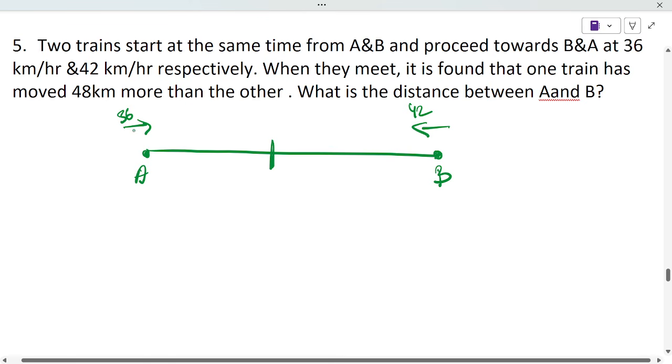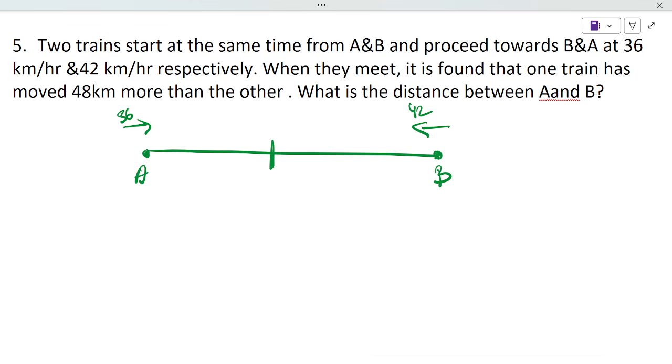If one goes 36 km per hour for 4 hours, the other at 42 km per hour will also go for 4 hours. Just by seeing the speed, the 42 km per hour train, when they travel for equal time, covers the longer distance.